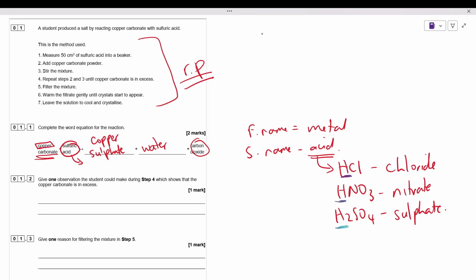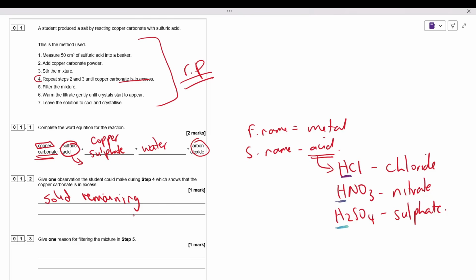Okay, now let's look at the next question. So give one observation the student could make during step 4, which shows that the copper carbonate is in excess, right? So it's in step 4, it says we're going to repeat until it's in excess. What are we going to be looking out for? Okay, so we're going to be observing that solid remaining, right?